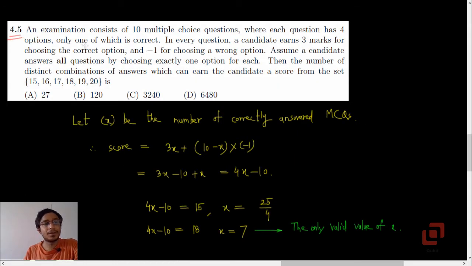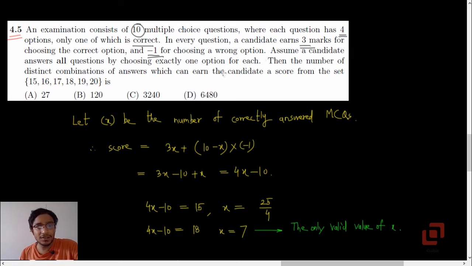4.5. An examination consists of 10 multiple choice questions like this one, where each question has 4 options, only one of which is correct. In every question, a candidate earns 3 marks for choosing the correct option and -1 for choosing a wrong option.